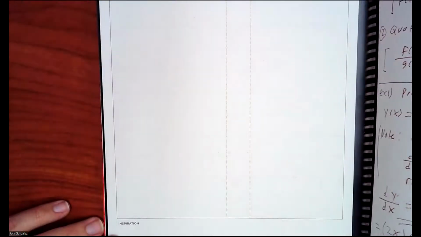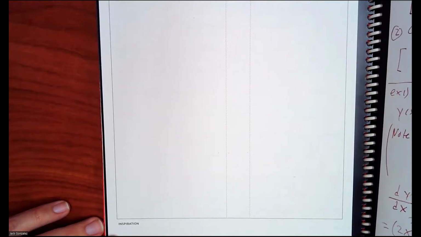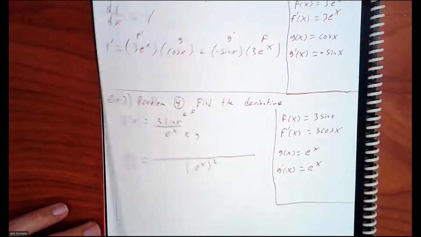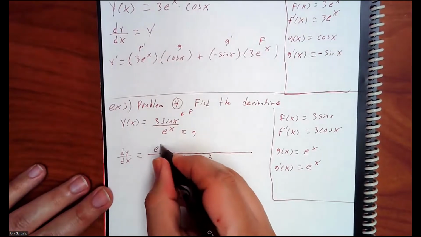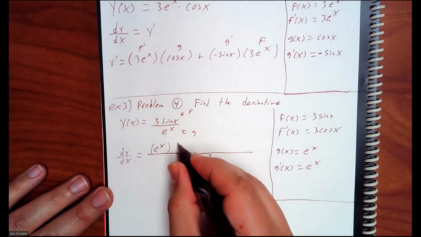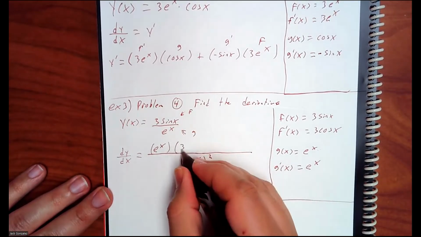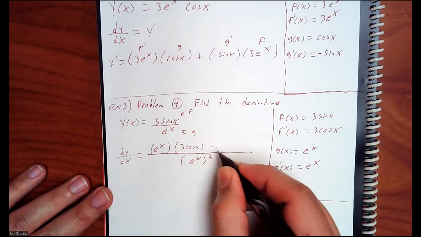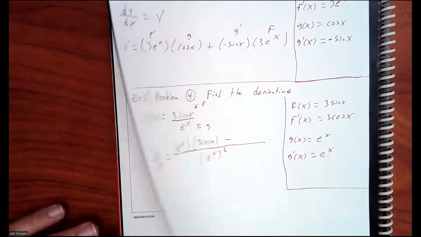On top it says what? G f prime minus f g prime.